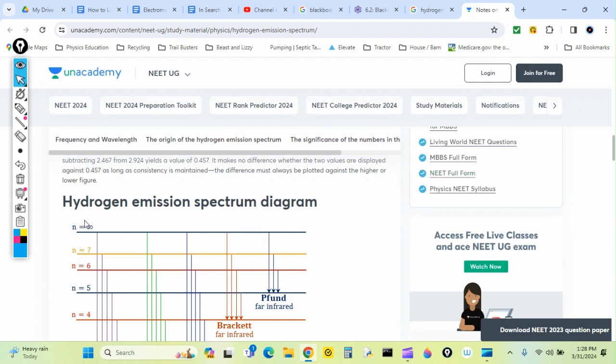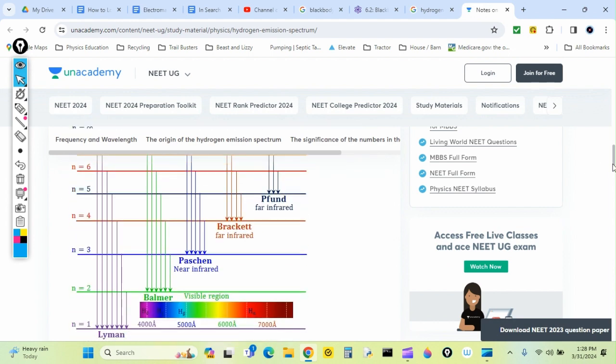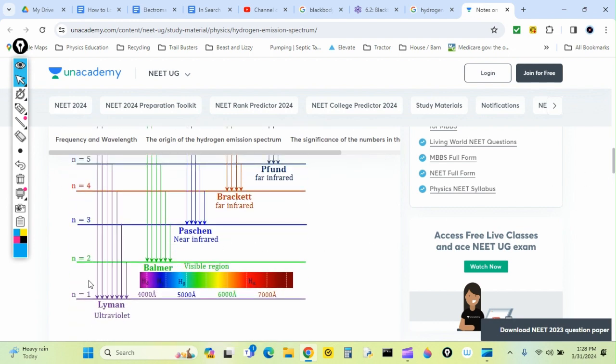What does n equal infinity mean? This means that you've got an electron which is going from outside the atom. It's not attached to the atom at all, and it's going all the way down to the ground level. Well, there's all kinds of other choices here because we can go from these different energy levels, all the different combinations that exist.